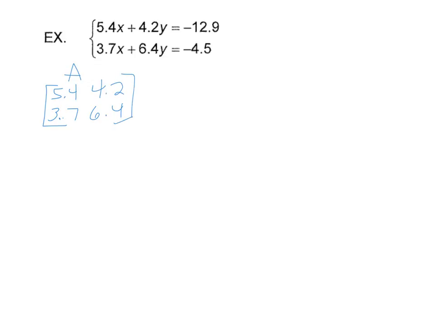The variables go in matrix X, x and y. And then it equals matrix B, which are our constants, negative 12.9 and negative 4.5.